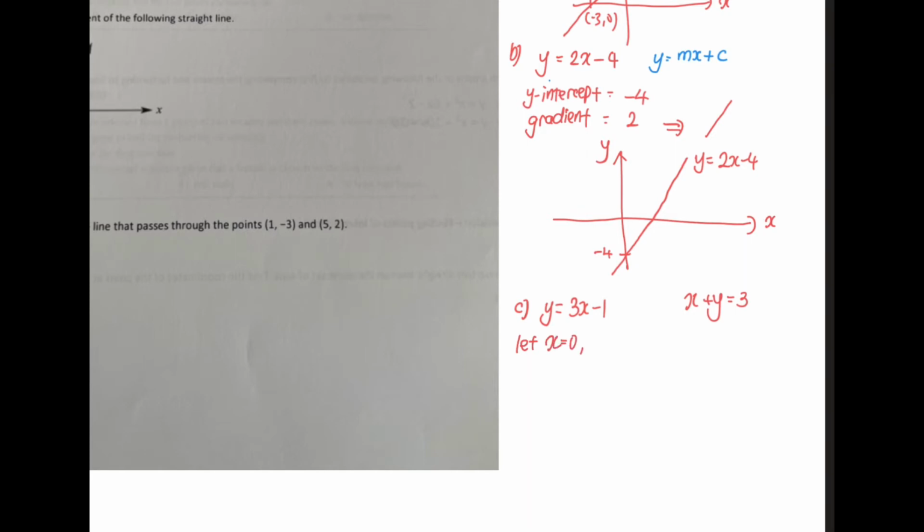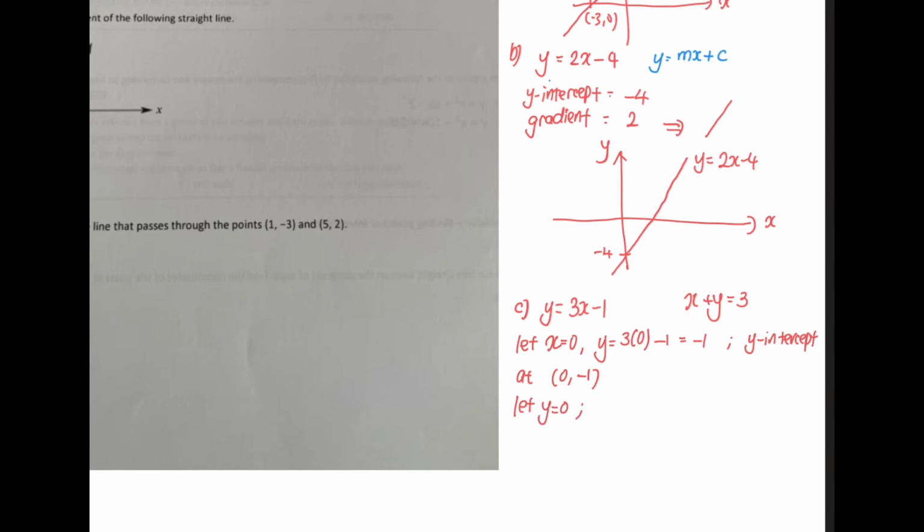We find y equal to 3 times 0 minus 1 equal to minus 1, and we can say that y-intercept at 0, minus 1. So I'm using the intercept method. Now I let y equal to 0.